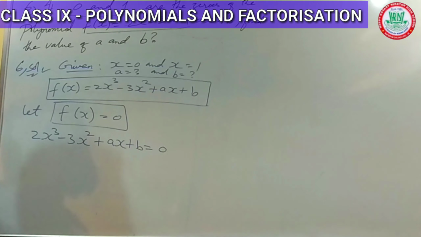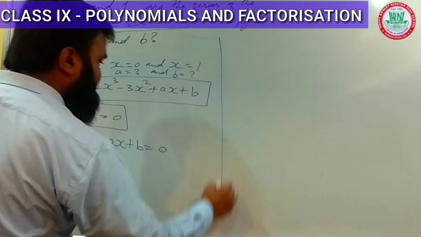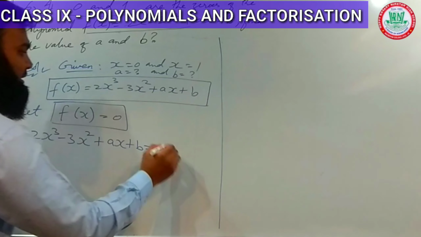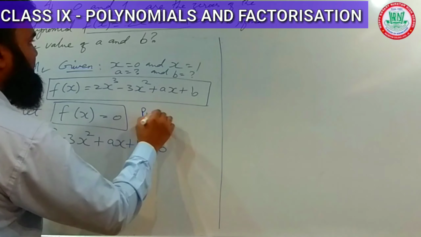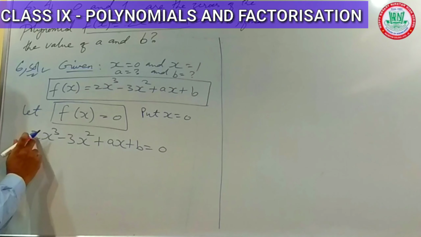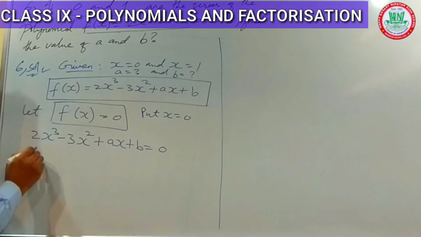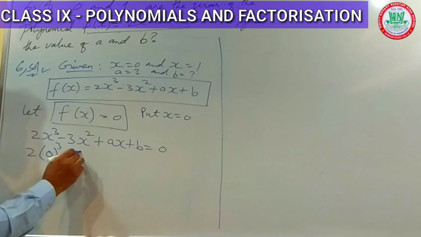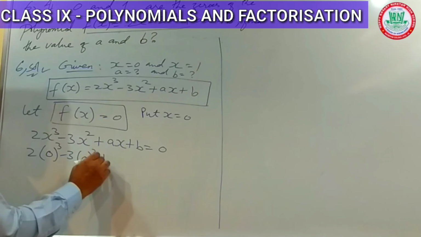Now here put x is equal to 0. Wherever x is there, we will take it as 0. 2 into 0 cube minus 3 into 0 square plus a into 0 plus b is equal to 0.